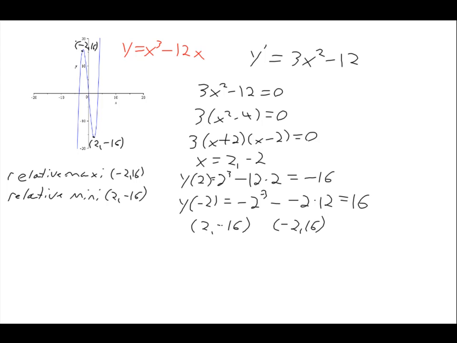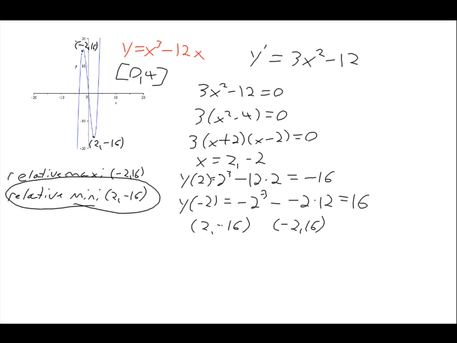Now, we may also have an instance when we're working with extremas on a given interval. So say that we're told to find the extremas on an interval from 0 to 4. Well, in that case, we'd need to say, is there an extrema, a relative min or max, on that interval? And on this curve, we know that there is a relative minima there at 2, negative 16.